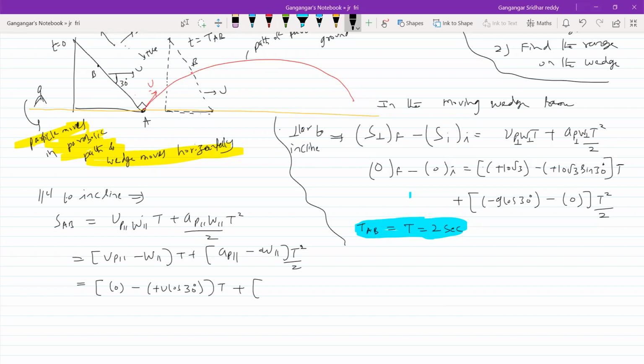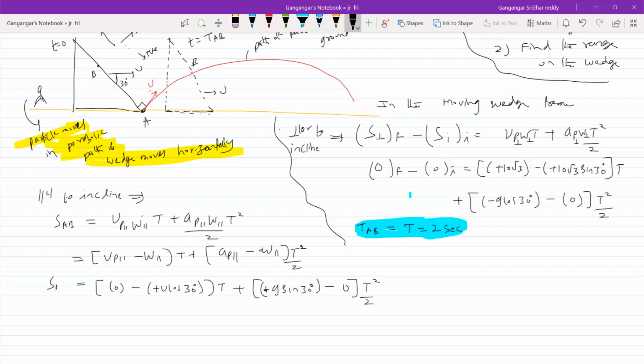Shall we write g sin 30? And how much should it be? It should be in this direction. This should be positive. What is the acceleration of the wedge along the incline? It will be zero, no? The wedge is moving with a constant velocity.